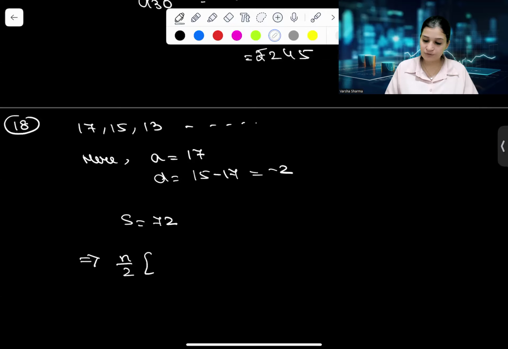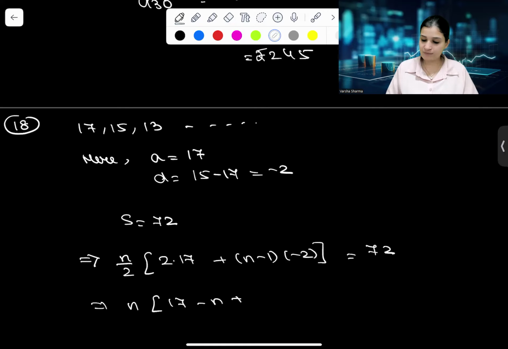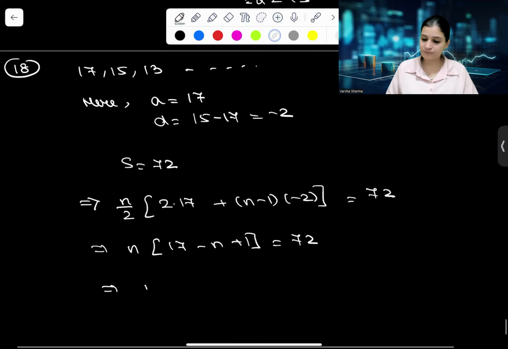n by 2 into twice A plus n minus 1 into D. n by 2 into 34 minus 2n plus 2 is 72. So 18 minus n.